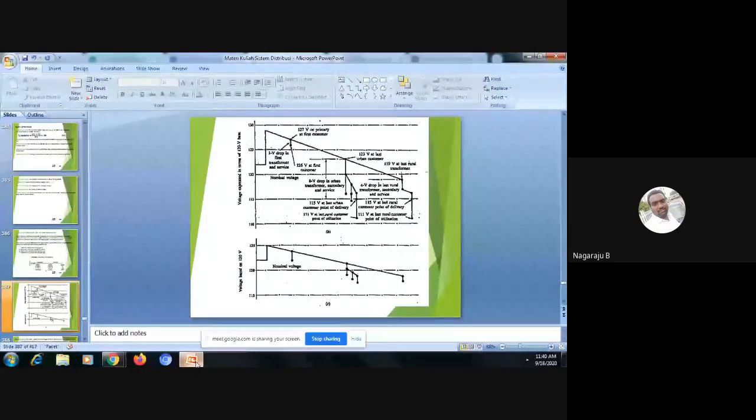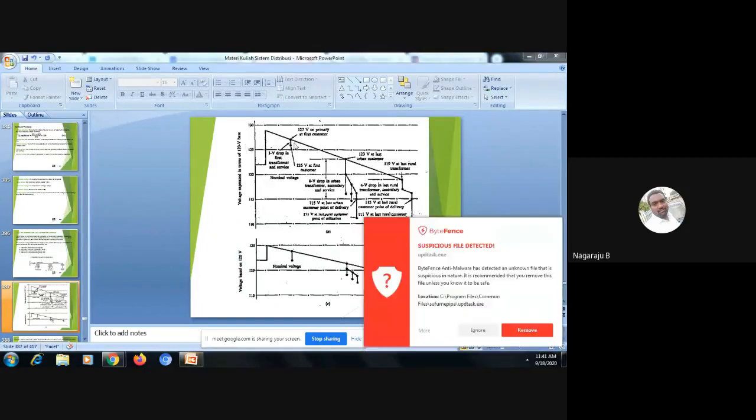This is about the basic voltage expressed as 120 volts. You have plus or minus 5% now. This is the increment level and this is the decrement level.